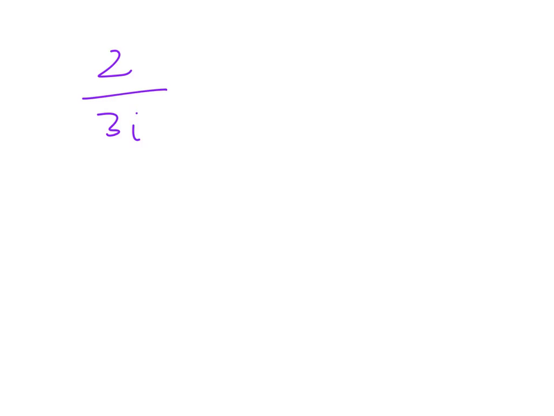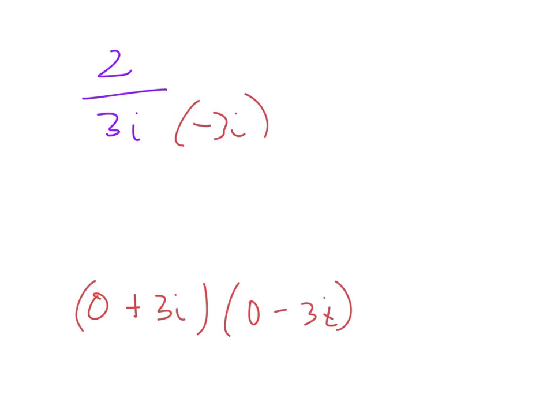Okay, so there's two ways to think about this. One, if you think about 3i as 0 plus 3i, what's the conjugate of that? 0 minus 3i, which in reality is what? Negative 3i. So if you run into a situation like that, that's all you really want to do.